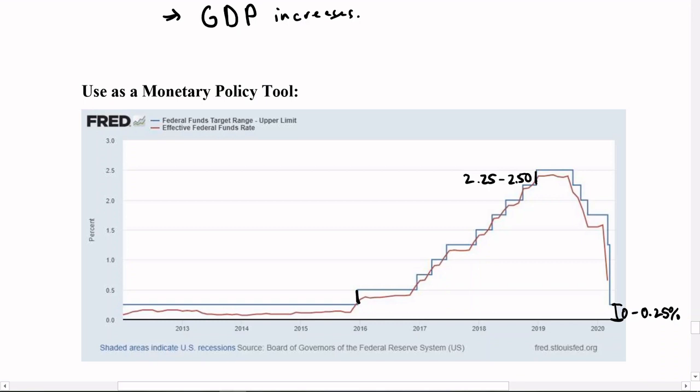But again, they're just setting the target. So this blue line is their target rate, and the red line is the actual rate. The bond market for these short-term government treasuries is a market, and it has actual prices.